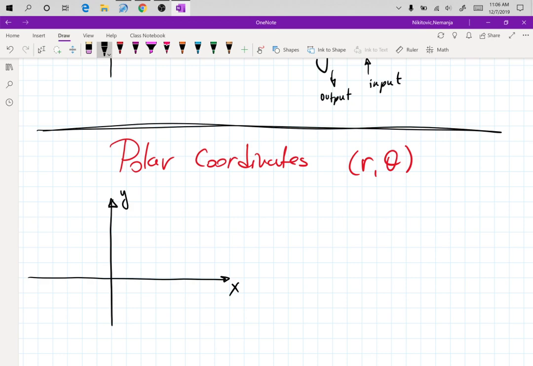So if your point here is r, theta, the way you would get there is you would draw the value r, and then you would swing that around to hit whatever angle theta you have. And then you would get to the point r, theta.